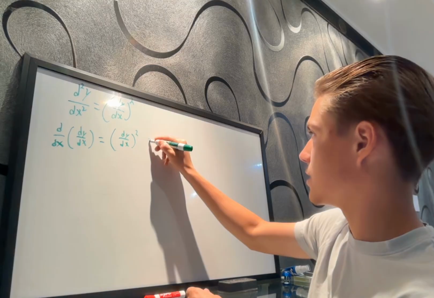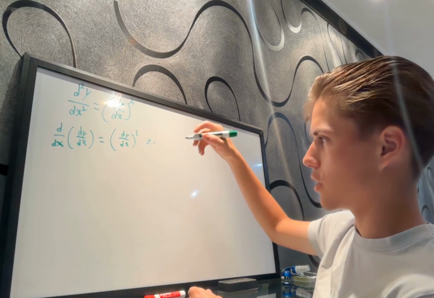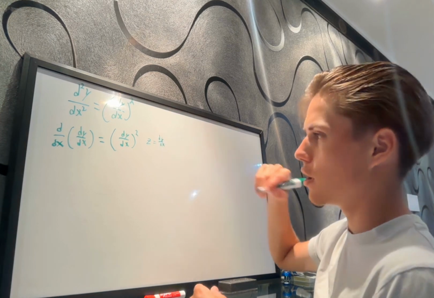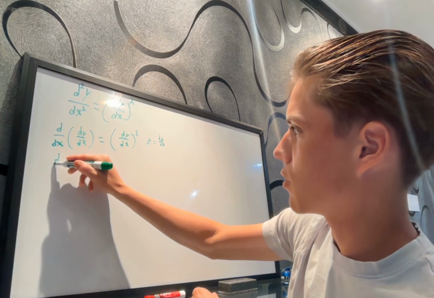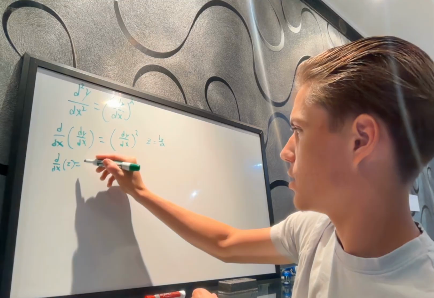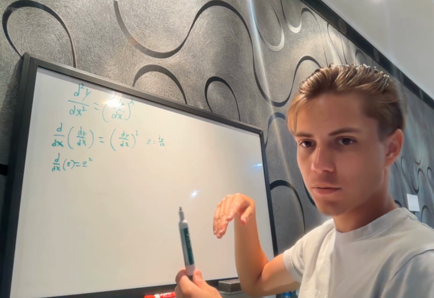Let z equal dy dx, the first derivative. So we're taking the derivative of z, and this is just going to equal z squared.